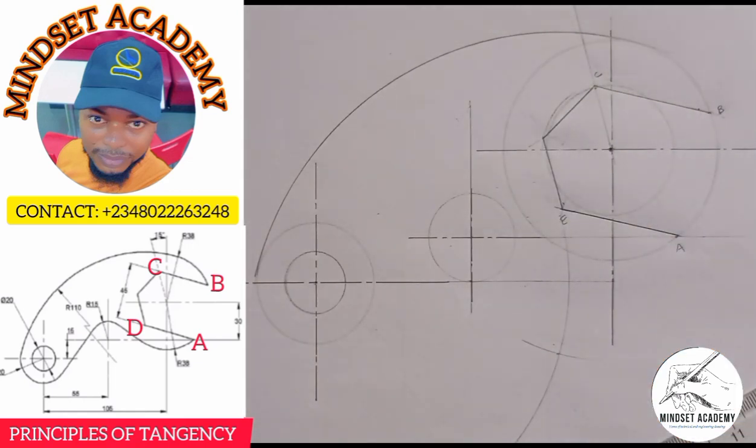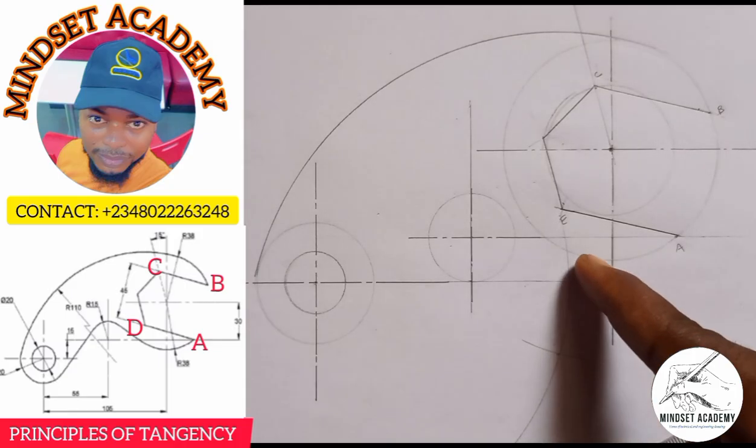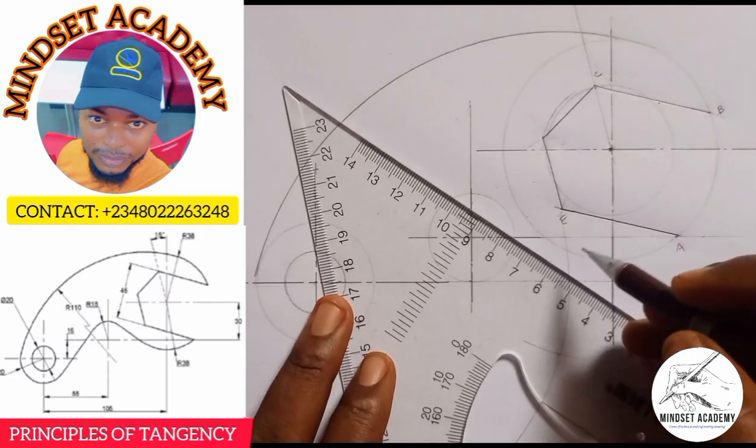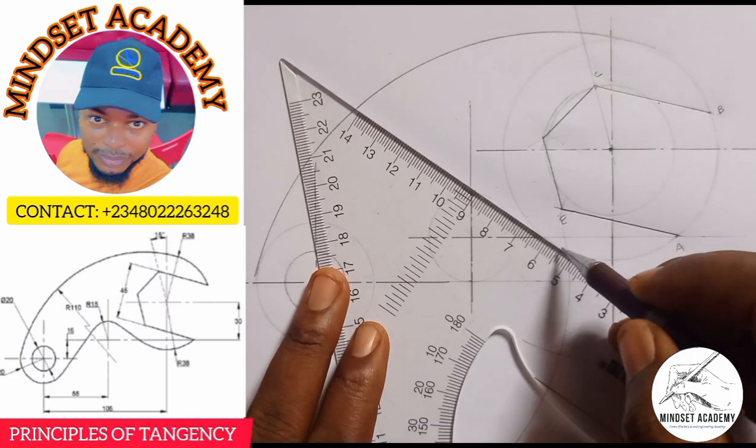Can you see that? After you've done that, the next thing that follows is there is a line connecting this and this. The line is tangential to the circle. So I'll just take my compass. I'll just connect on this point, tangential to this.